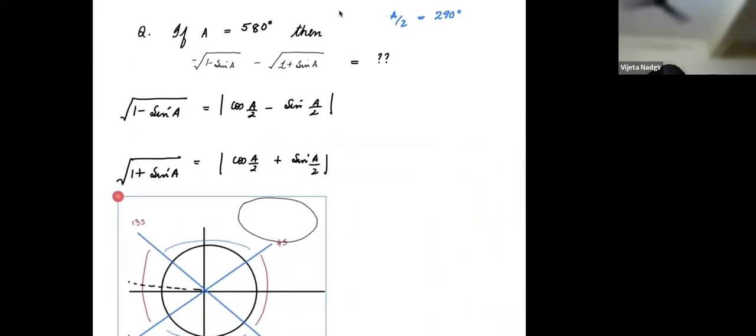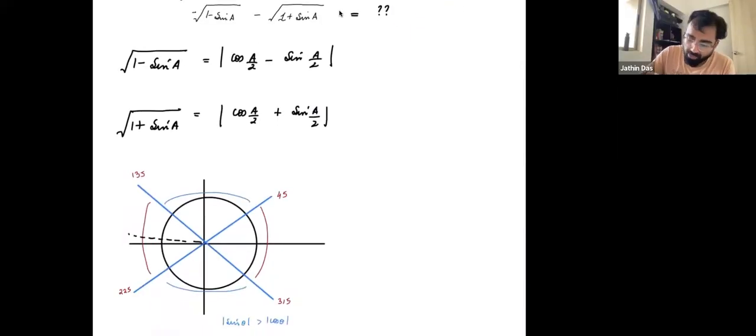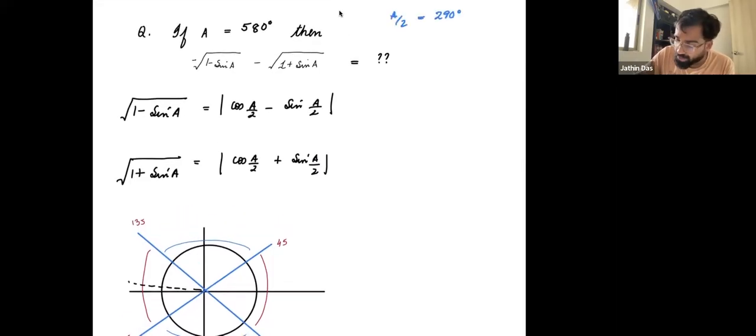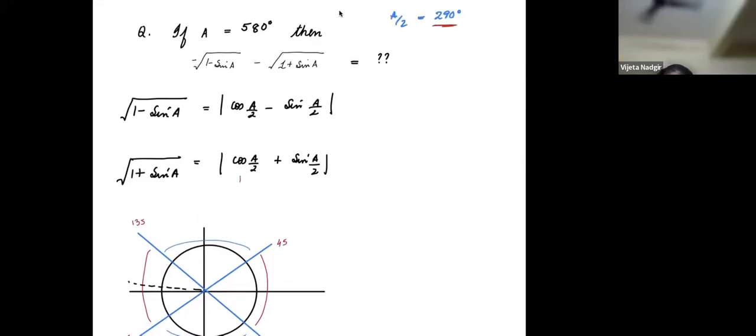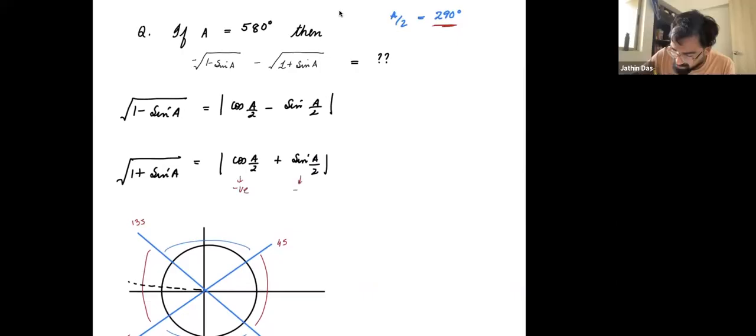For 1 minus sine A, the whole thing will be negative. Okay. See, A by 2 is 290, right? So this is negative and this is negative, because it is in which quadrant? It is in the 4th quadrant.